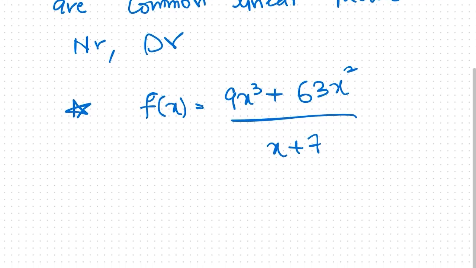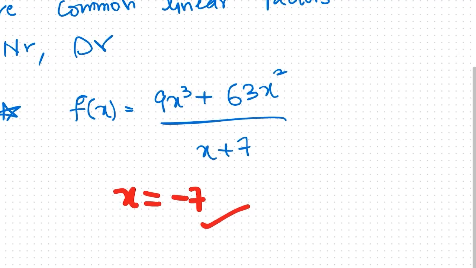So what are the holes? The hole is at x plus 7, or when x is negative 7. x is equal to negative 7, holes are there. Okay. So we have cancelled a linear factor.